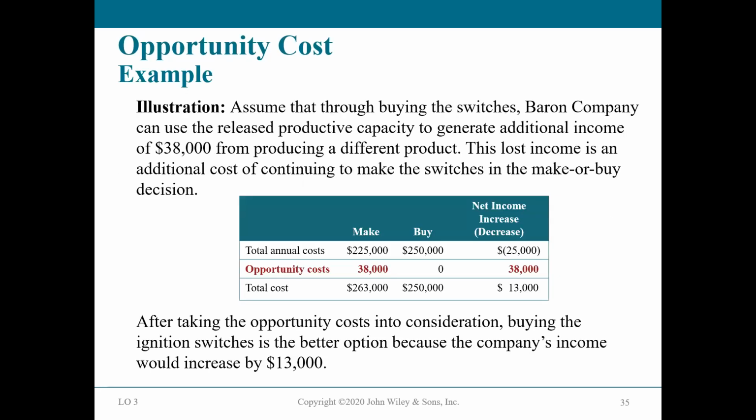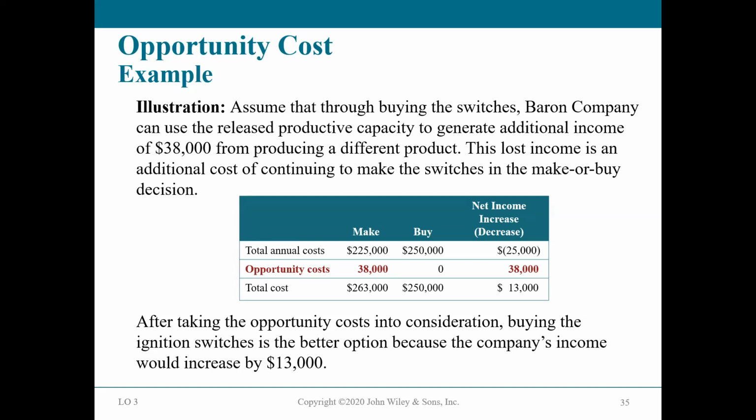So in this illustration, talking about Barron making the switches or purchasing them, the released product capacity could generate additional income of $38,000 from producing a different product. So if they buy the items, they could possibly generate other income from another line.